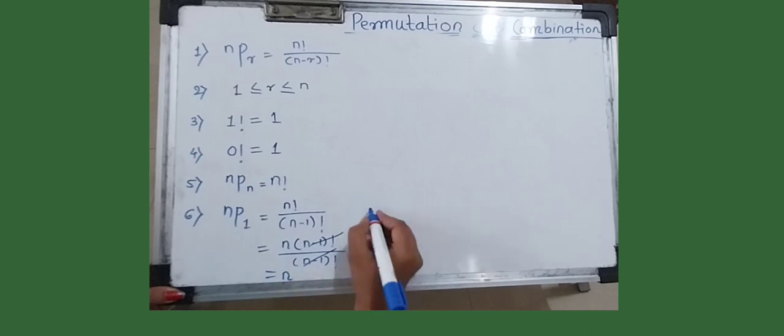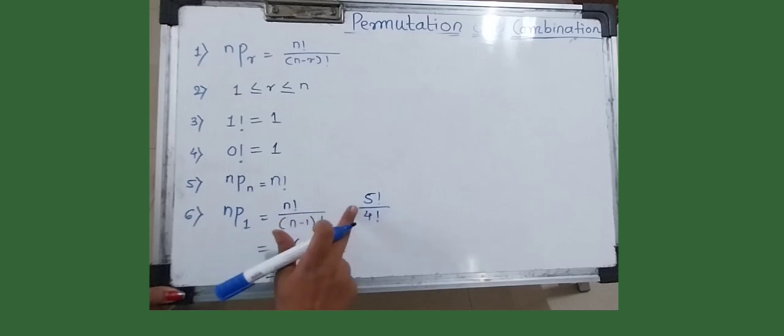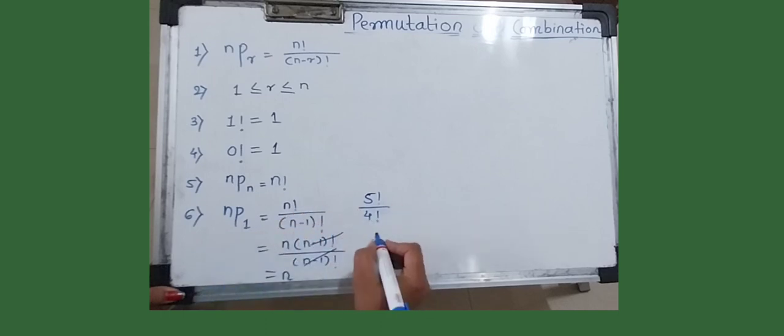Clear? Likewise, this is n factorial upon (n minus 1) factorial. If I take n as 5, this is ultimately 4. So I write here 5 into 4 factorial and 4 factorial as it is. Similarly, nP1 is n.